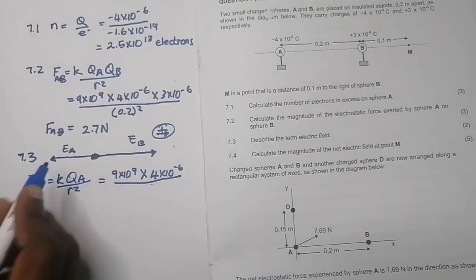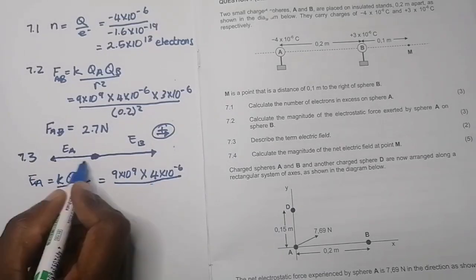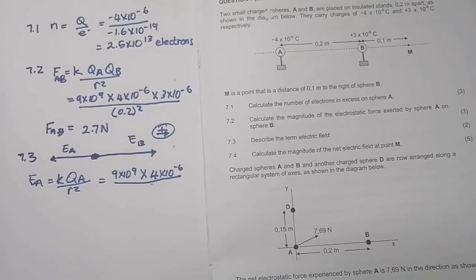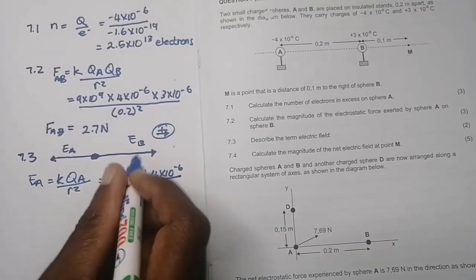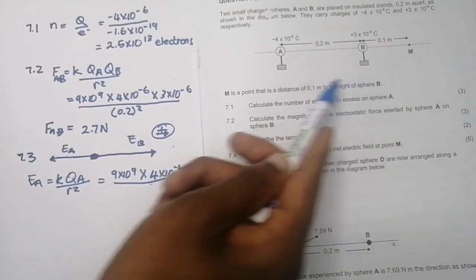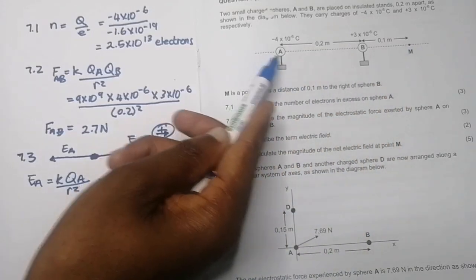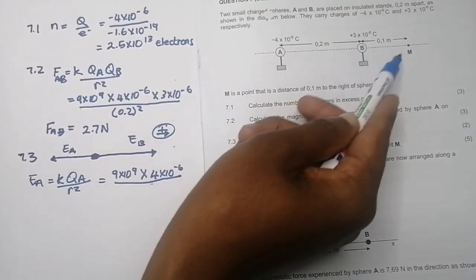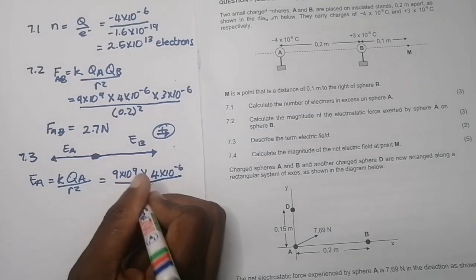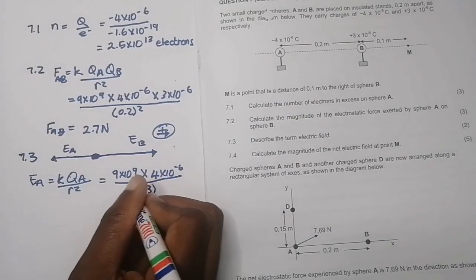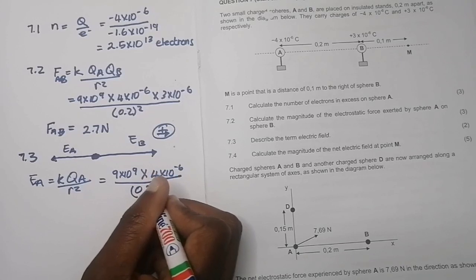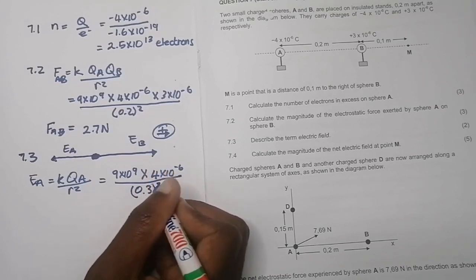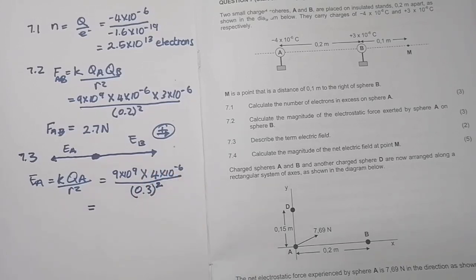What the sign is for is that it helped us to determine the direction of the field. The distance between M and A, I want you to note, is that 0.2 plus the 0.1, so this should be 0.3 squared. Let's find that answer.